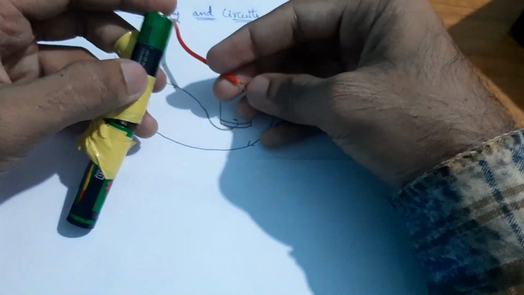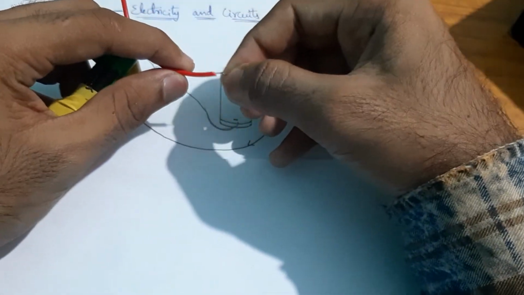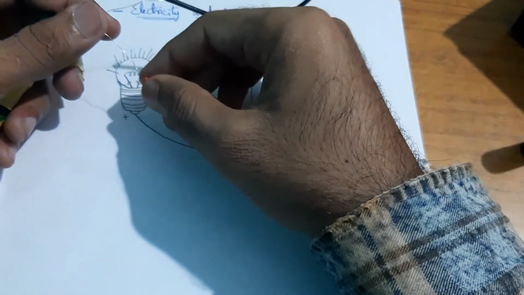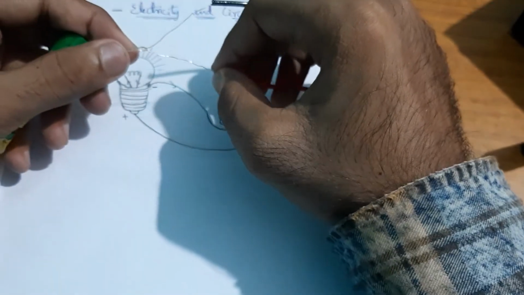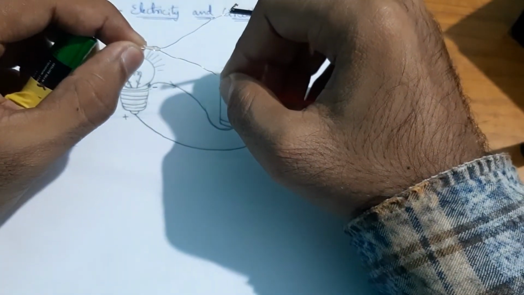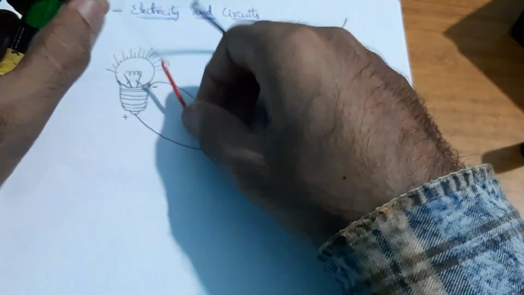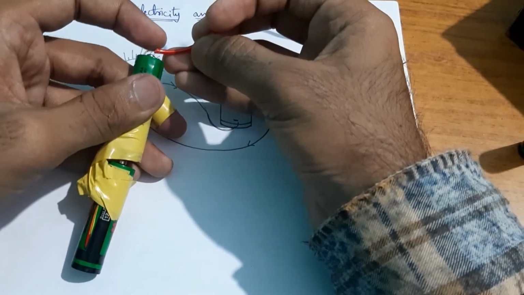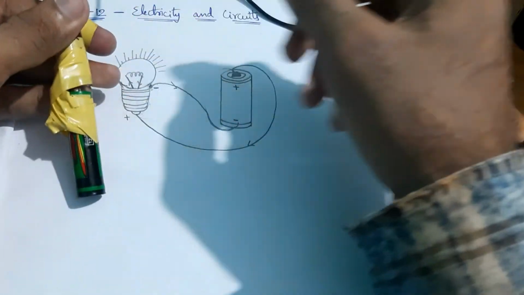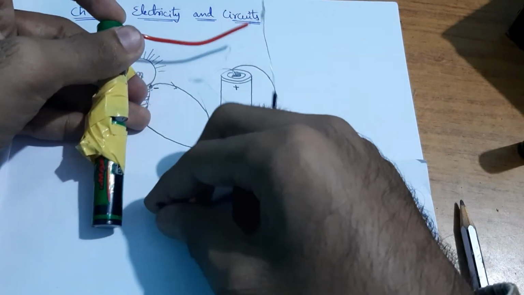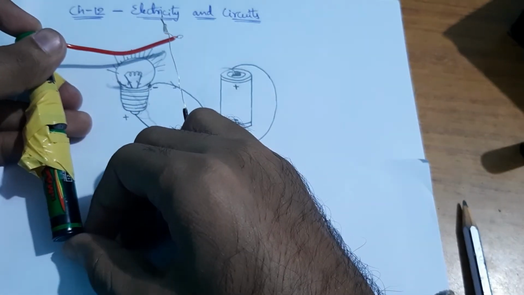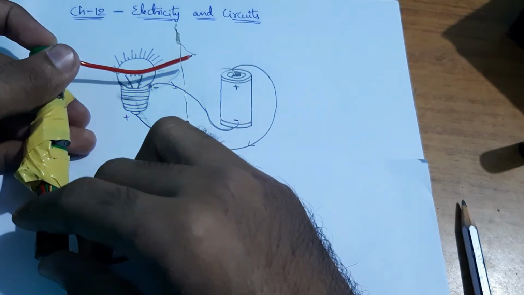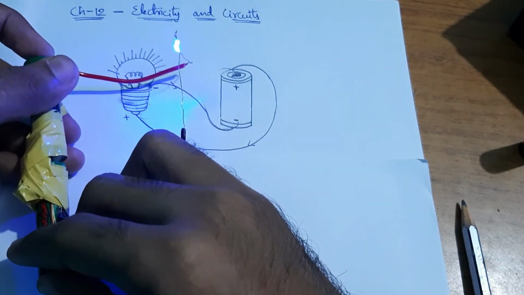So now this red wire is the positive terminal of this light. So this is a small bulb. Let us connect it. So connect one wire to the positive terminal, and the second wire to the negative terminal. So now you can see the light has glowed.